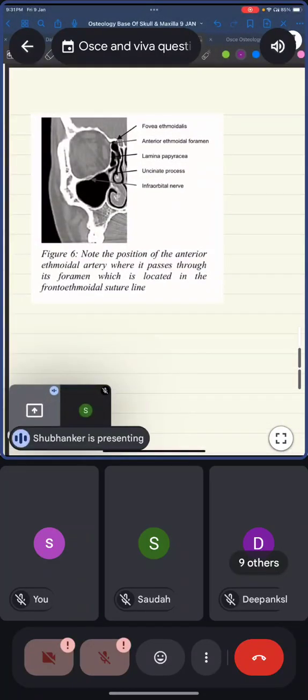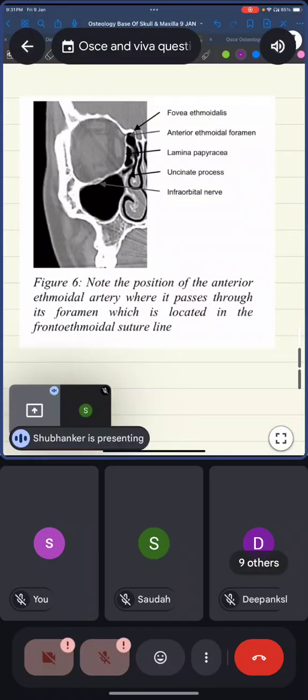Okay, now coming to this slide, last one. Again, this is an important slide related somehow to maxilla. I found it in the same article itself. That's why I included it over here. Okay, guys, here you have to remember about 3 things.